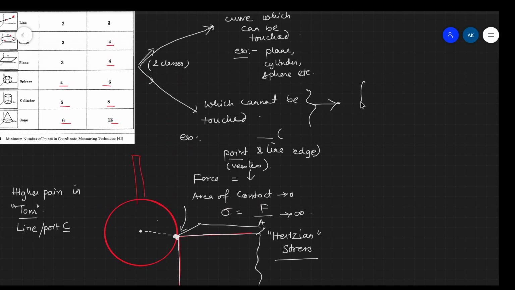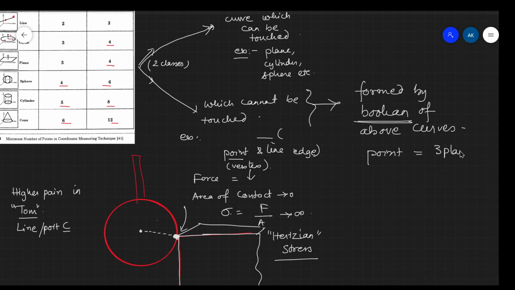These are formed by Boolean of the above curves. Boolean means a point is formed by a combination of three planes. A vertex, sorry, this is a point. A line is formed by two planes.